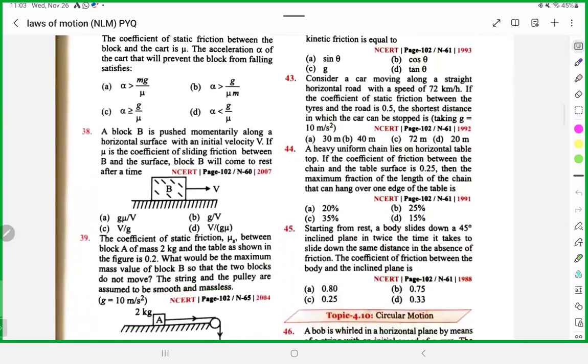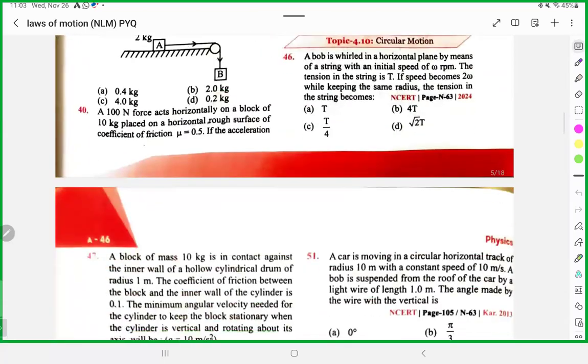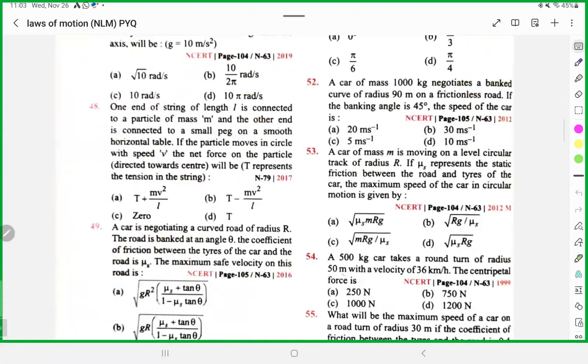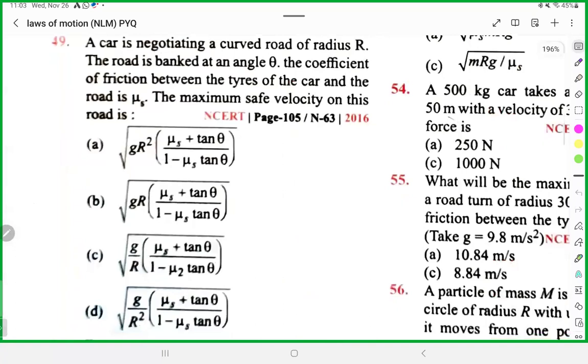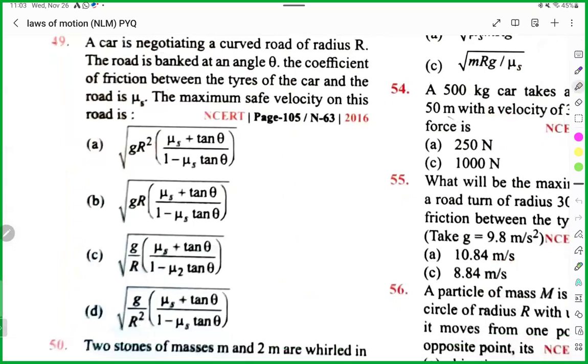I'm 100% sure. I think in 2016 they asked this, see, because I gave this paper. Look at the question. A car is negotiating a curved road of radius r. The road is banked at angle theta, which means tilted. The coefficient of friction between the tire and road is mu s. What is the maximum safe velocity on this road?